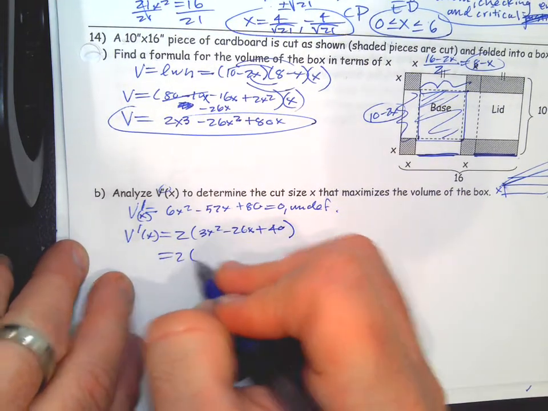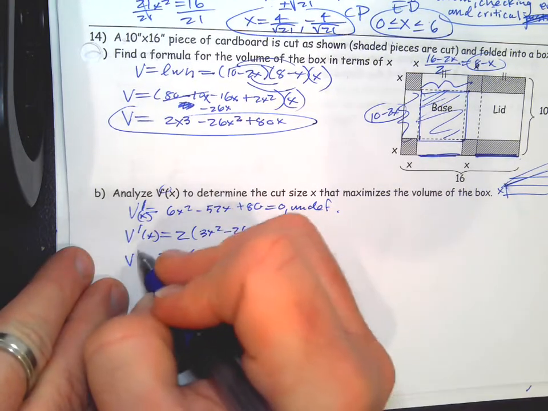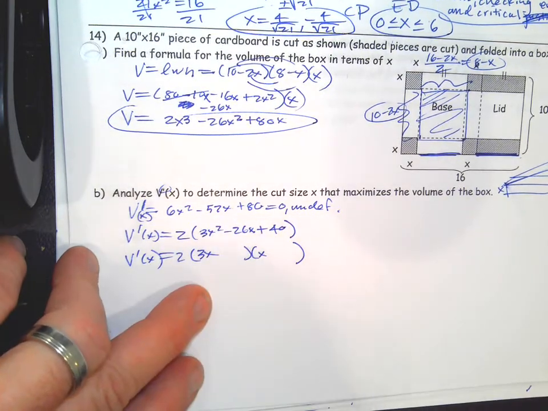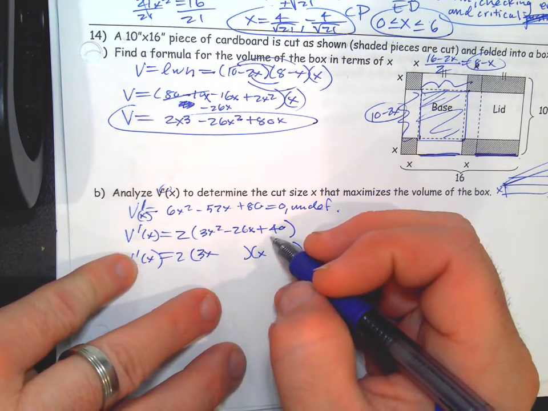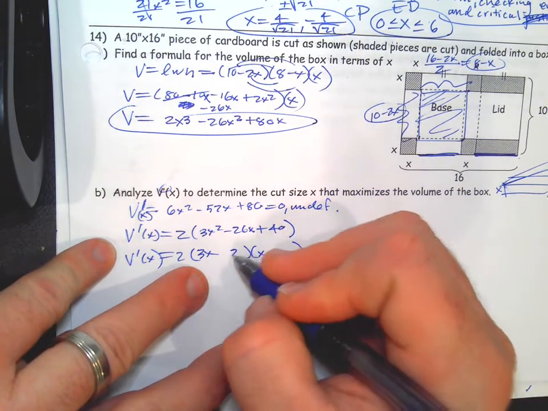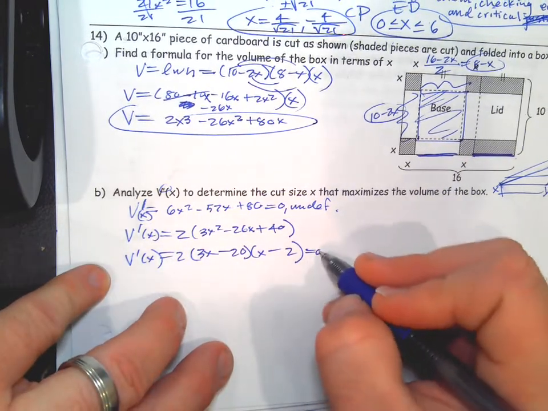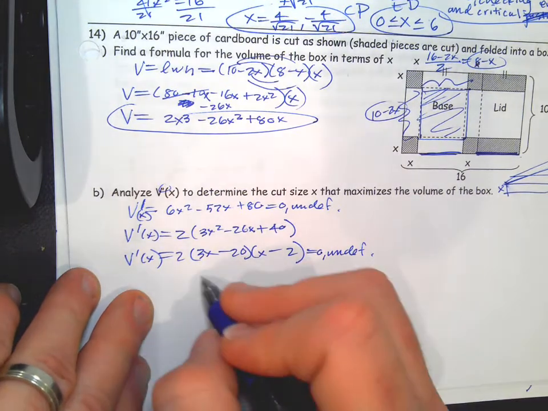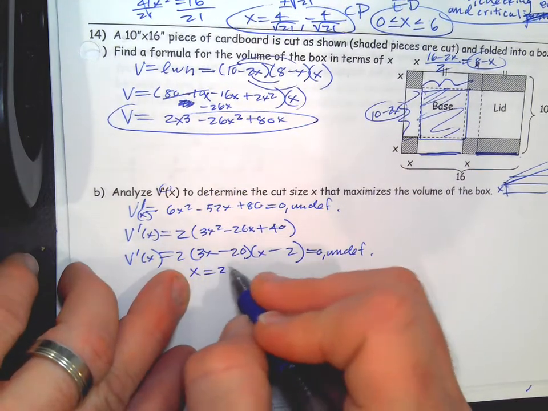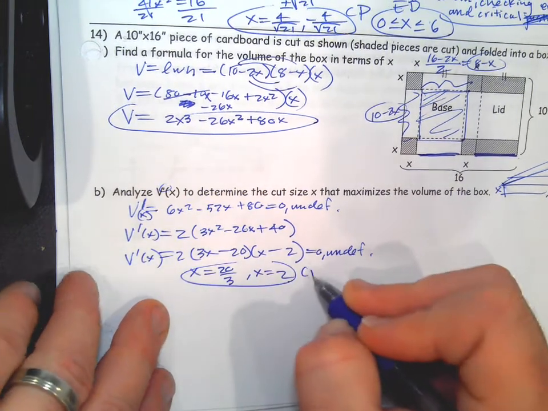We could try to factor this with 3x and 1x. There's not a whole lot of options there. Two numbers that multiply to 40 so we get negative 26: 2 and 20, both negative. Perfect. Set it equal to 0 and solve. Write that in your work. So x equals 20 thirds and x equals 2 are your critical points.